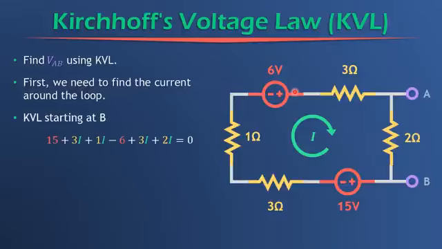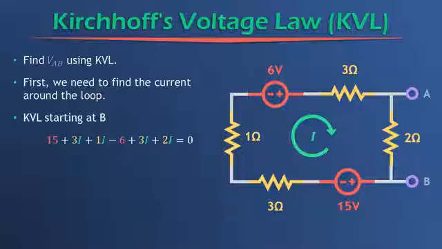So you write a negative 6 in your KVL equation. And then you come to the 3 ohm resistor and do like you did before, plus 3I. And then you come to your 2 ohm resistor and do plus 2I. And then you return back to your starting point B. And once you've reached your starting point, you know you've completed the KVL equation.